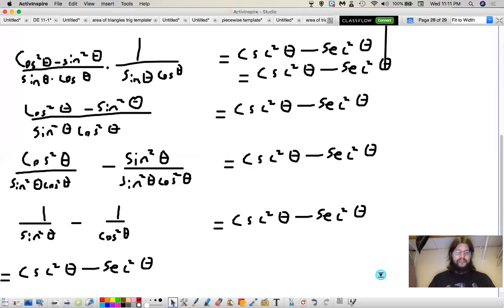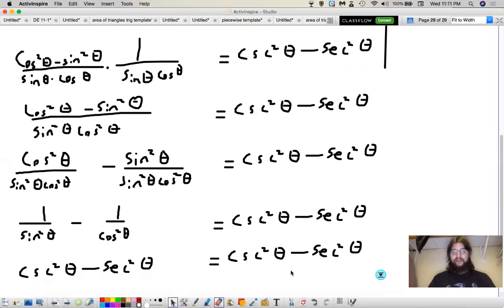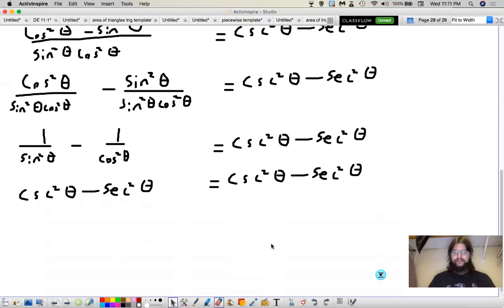And 1 over cosine is secant. I'm just gonna cheat, man. Computer, why not use the tools I've got, you know? Equals that. We did it correctly this time. Haha. And we're done. Well, one mistake on 12 problems. Not too shabby, I guess.